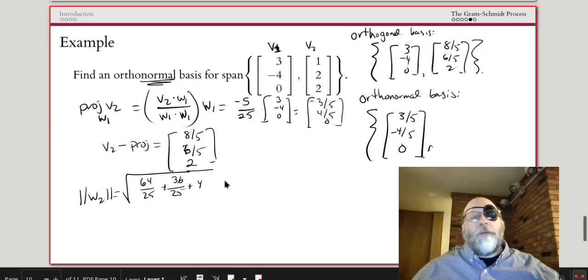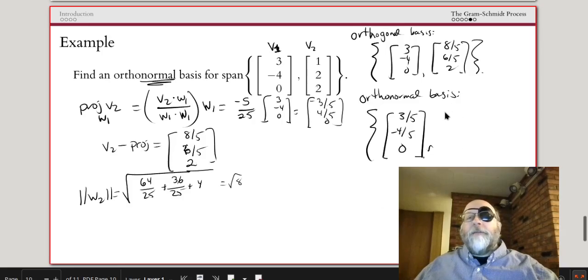That's just the square root of 8. And so we get 8/5 over root 8, and 6/5 over root 8, and 2 over root 8. All right.